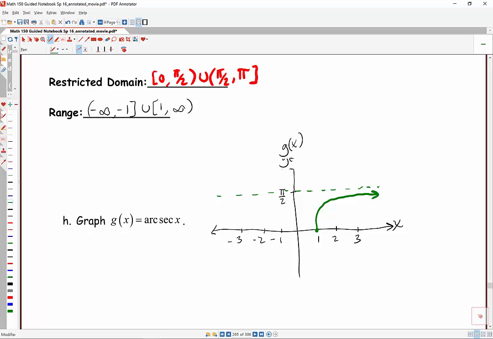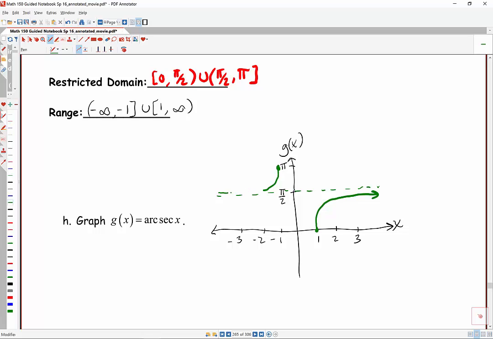Conversely, we had an ordered pair at (-1, pi). So at -1, we'll have an ordered pair at pi, right? And so then we will go the other way.